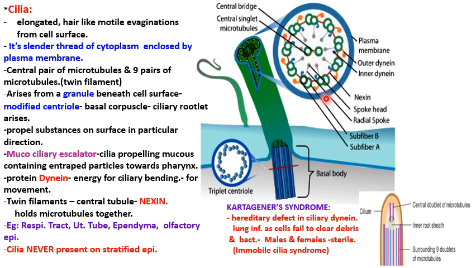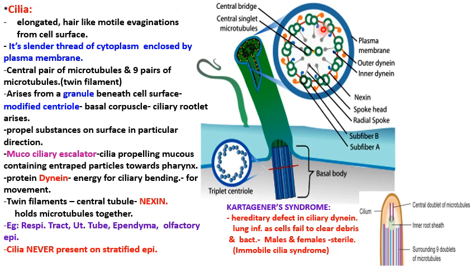Okay, so there is a central double pair of microtubules, and on the periphery there are 9 pairs of microtubules, and the microtubules are connected by nexin, which is a protein. From the periphery the microtubules are connected to the central microtubules by radiating spokes.